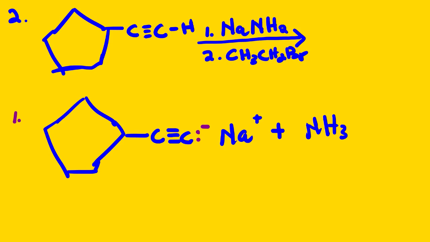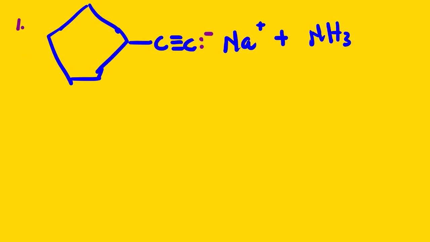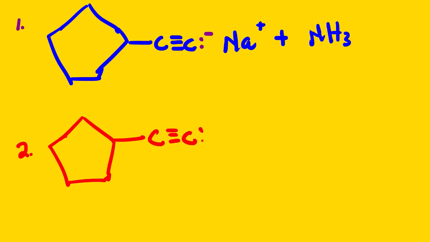Then for the second reaction, we have our alkynide ion reacting with CH3CH2Br.